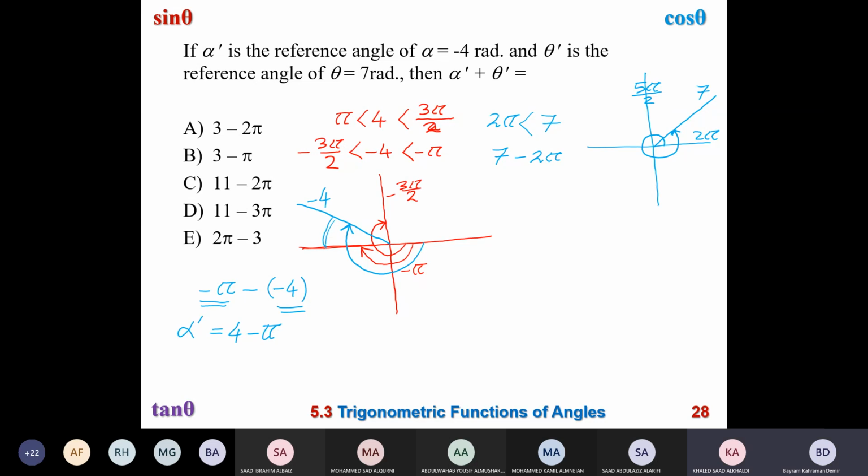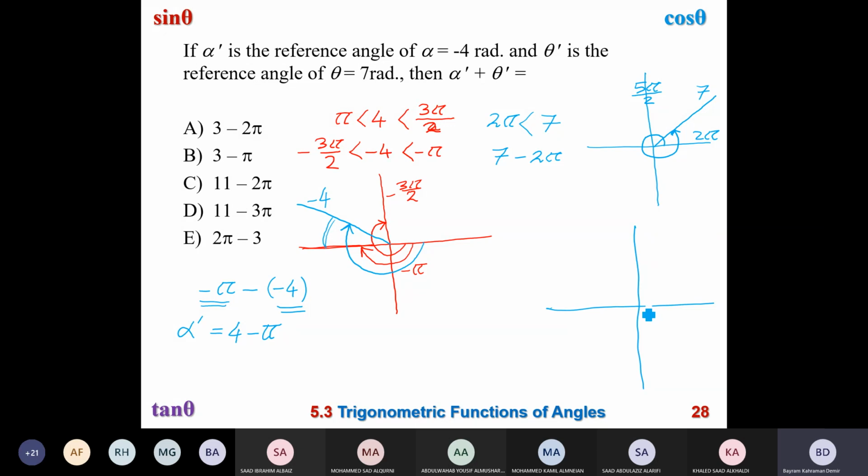And if it's past 5 pi over 2, in the second quadrant, it will be 3 pi minus the angle. For example, if it is 8 radian, then it will go to the second quadrant. Maybe let me just draw another picture for you.